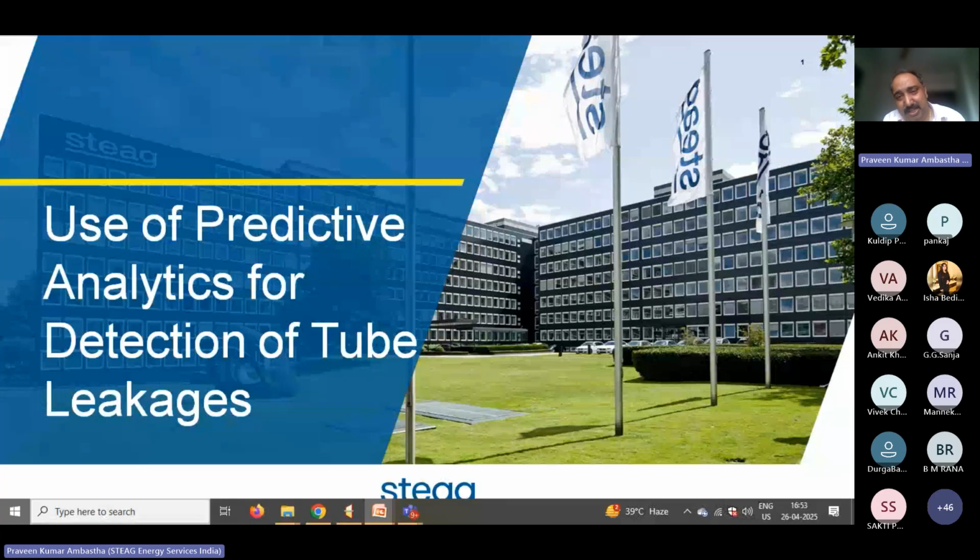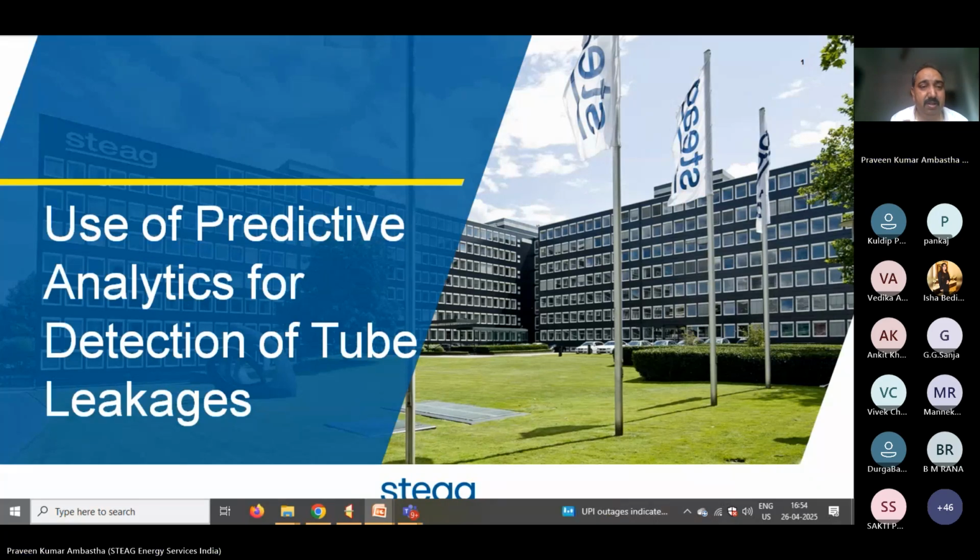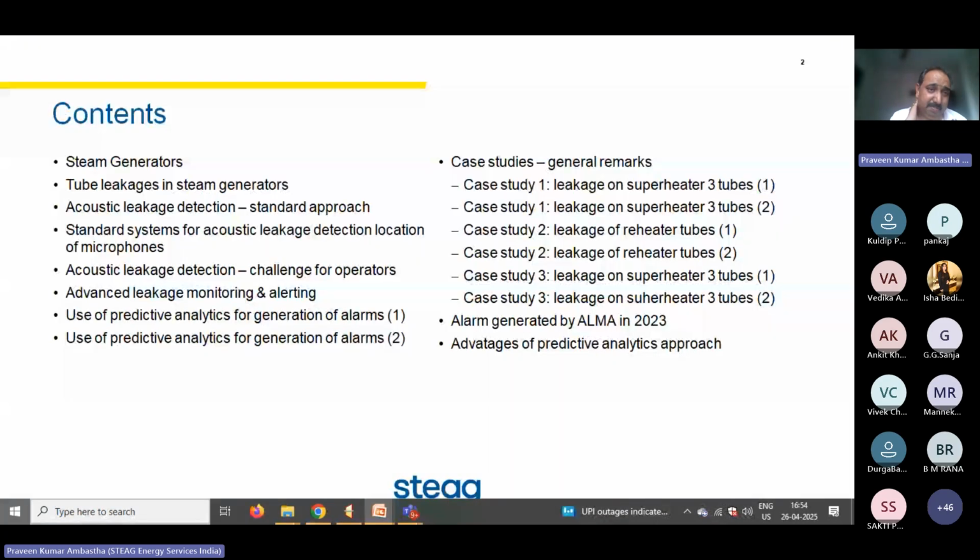And in India also, we have very big support from Germany, so it definitely helps us a lot in doing the project. This is basically how AI ML is going to help us detect the tube leakages.